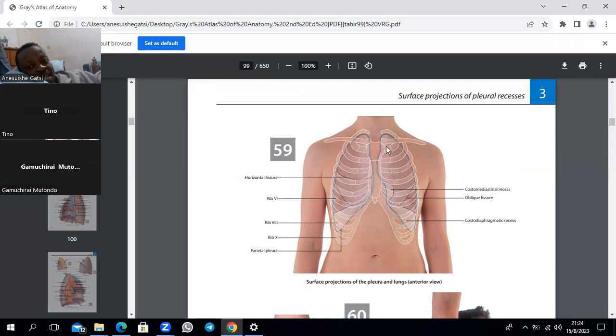So that's why I'm saying anterior border is from a joint to a joint. This is for the purpose of surface anatomy. Then the posterior border of the lung starts opposite C7, cervical vertebra number 7, that's your vertebral prominence. Then it ends around T10 vertebra. Then anterior border and posterior border are joined by the inferior border.